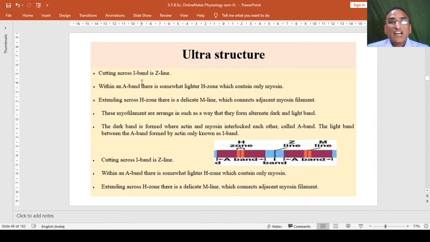Cutting across the I band is the Z line. This is the I band, which is cut by this line, generally called the Z line. We have already seen this. Within an A band there is a somewhat lighter H zone.